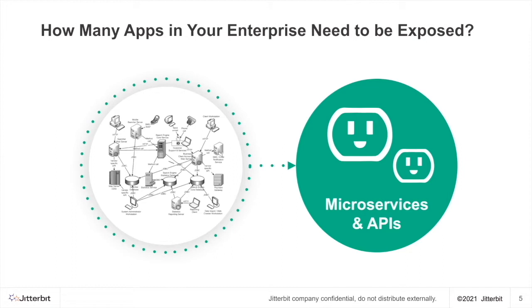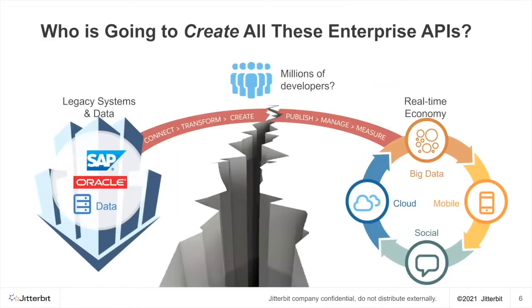Now the question is, how much of this infrastructure and how many applications need to be exposed? Probably a lot. The first question which comes to mind when you have to take your infrastructure and expose APIs or put APIs in front is, do I need millions of developers to do that?